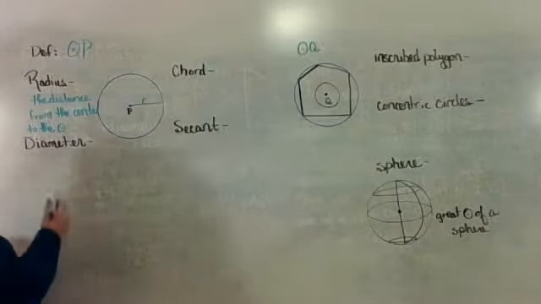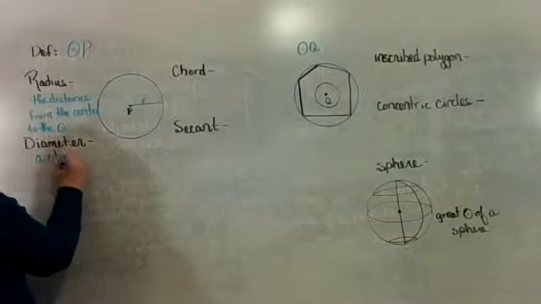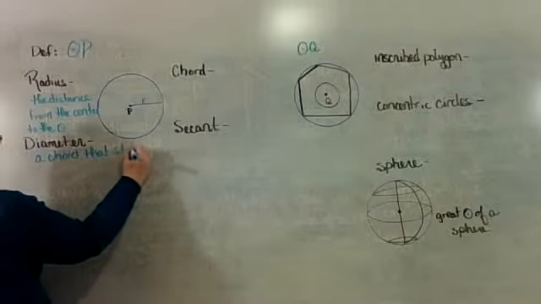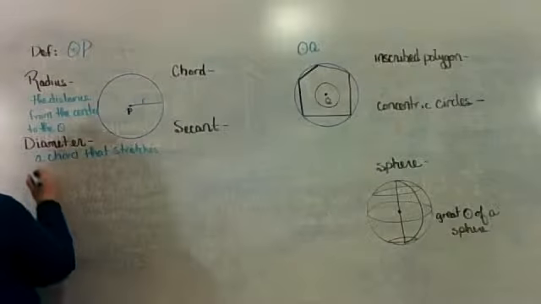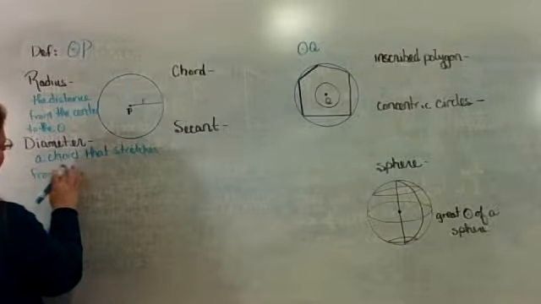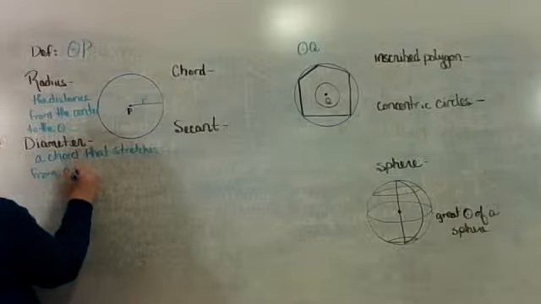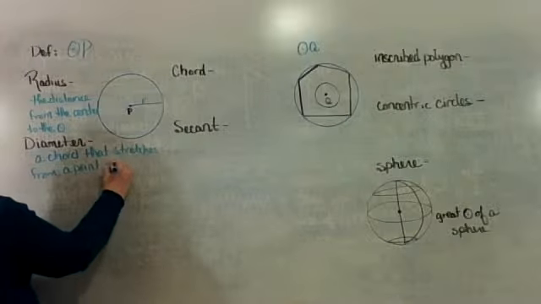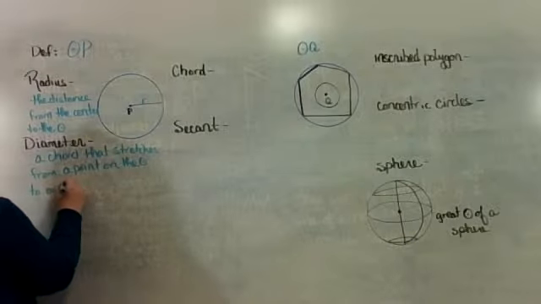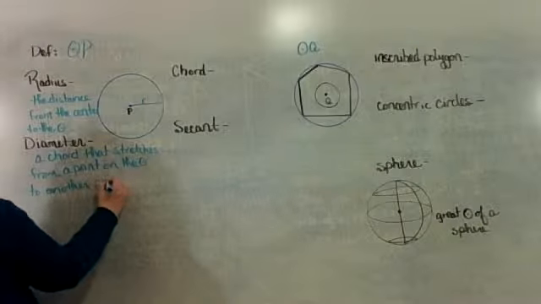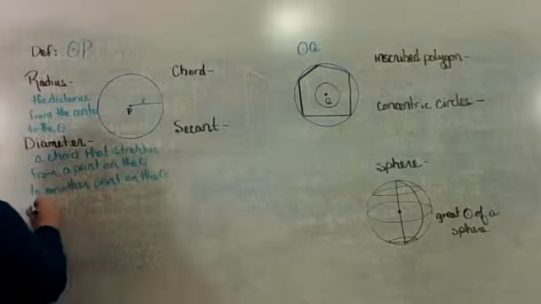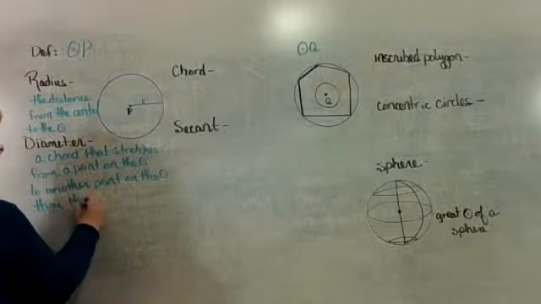The diameter is a chord that stretches from a point on the circle to another point on the circle through the center.